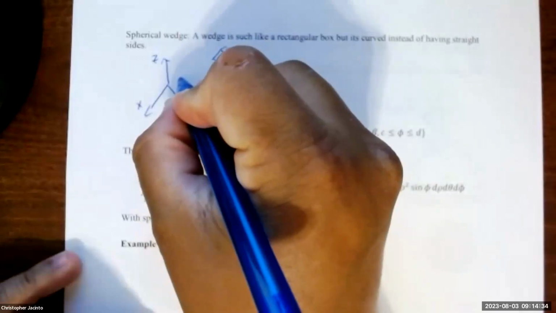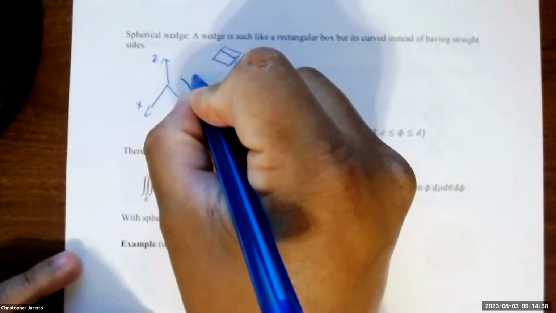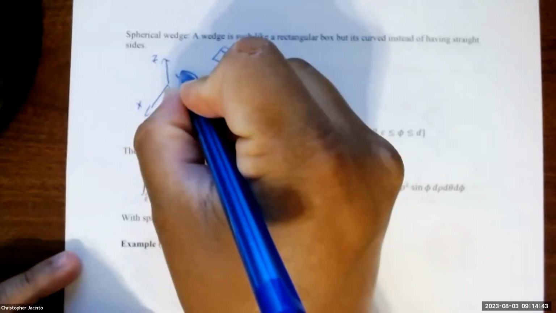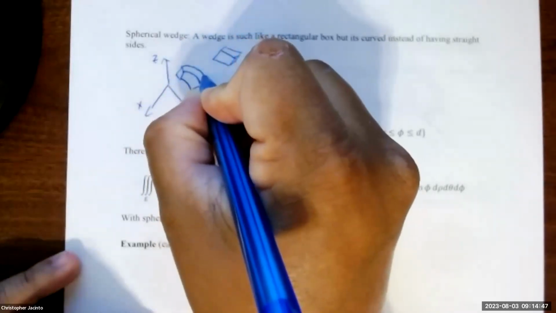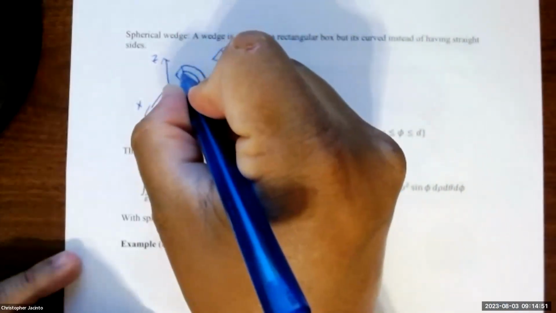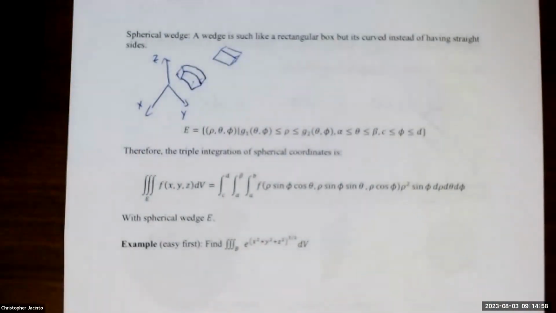So it kind of now looks like this. Like that. So that's what we call a spherical wedge.